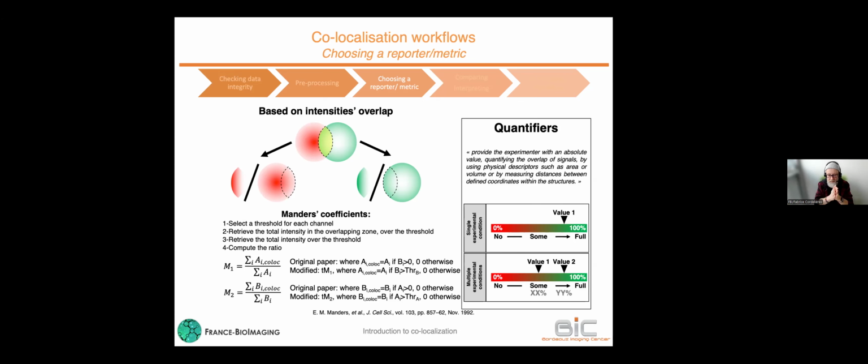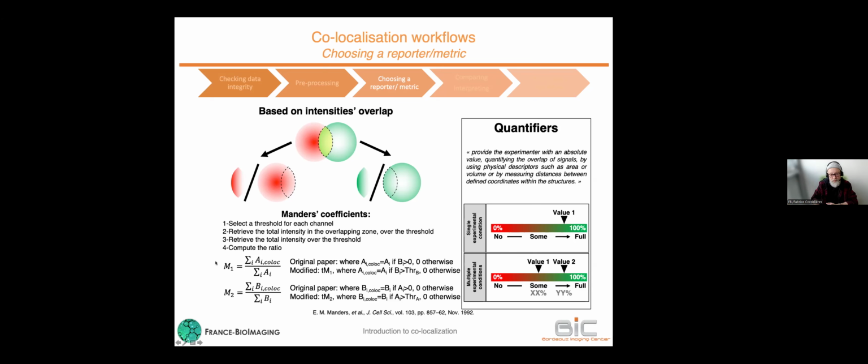One of the major actors in the field is the Manders coefficient. Well, the Manders coefficients, because you've got two of them. In its original definition, the Manders coefficient quantifies the amount of signal that is involved in the process of colocalization. What you would do is find the intersection between the two signals, extract the intensity engaged in colocalization, and divide it by the total amount of signal you've got for one channel.